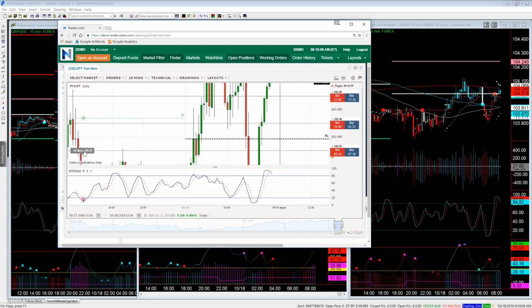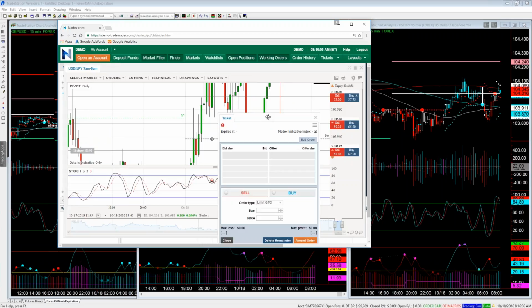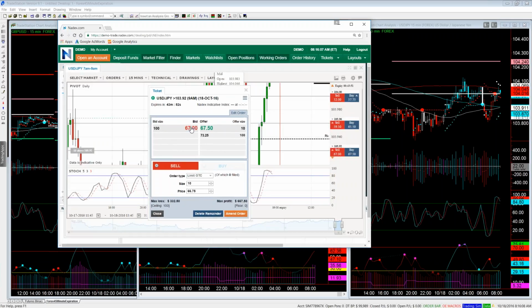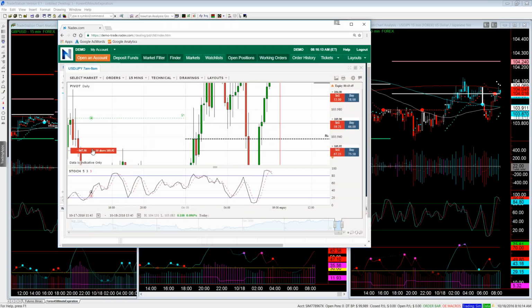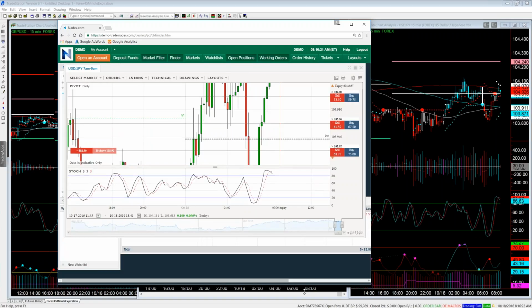Do you see how this is gray? That tells me I have not been filled yet. I'm going to go in and see if I can get it for this. Now I'm in. Do you see how this turned red? That tells me, hey, I'm in the market, okay?